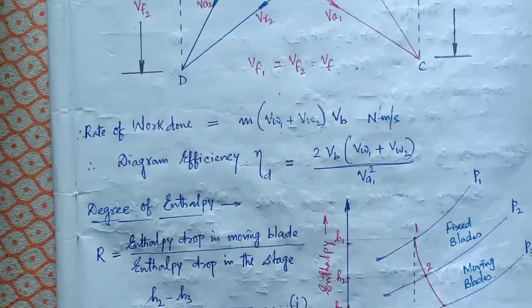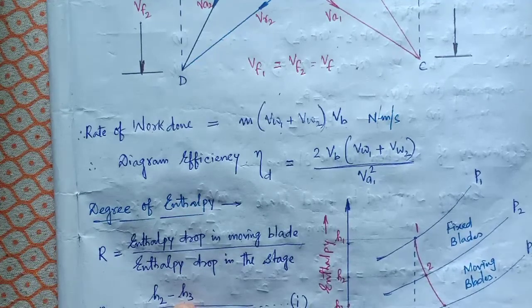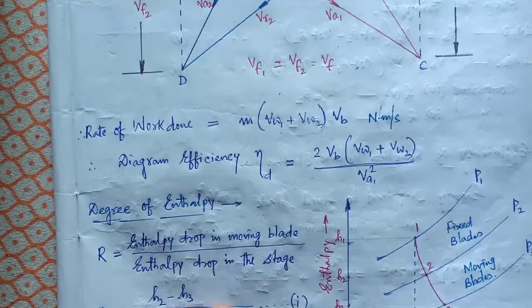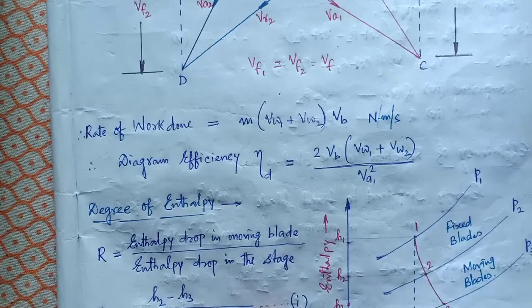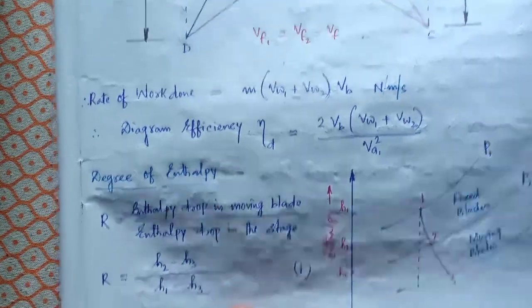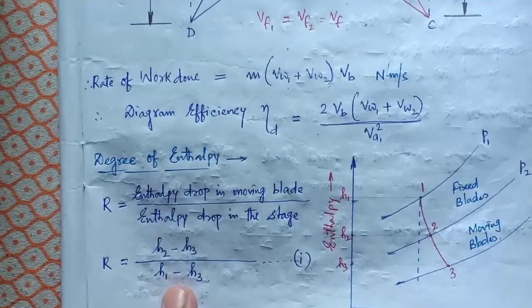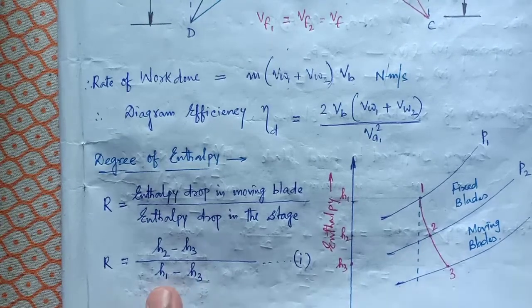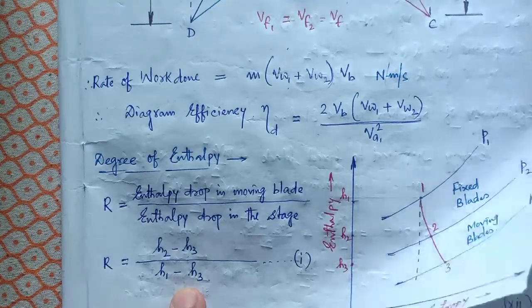The enthalpy drop H2 minus H3 represents the increase in relative kinetic energy in the moving blade, correct? And the enthalpy drop H1 minus H3 means the enthalpy drop throughout the stage, so it is a measure of work output.